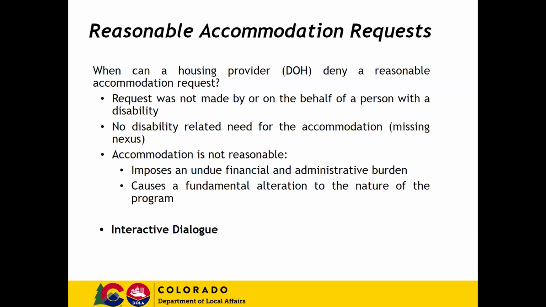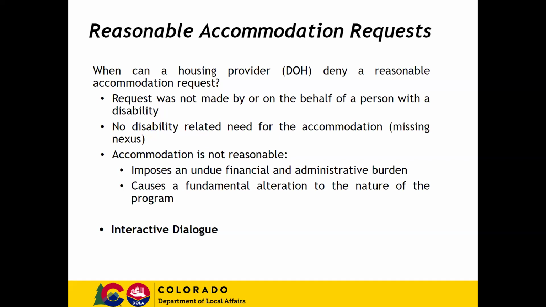So if the person making the request is not a person with a disability, there is no reasonable accommodation that can be approved. Or if there isn't a disability related need for the accommodation. They could be a person with a disability, but they're not showing us that nexus, that connection between what their disability is and the reason they need a specific accommodation.